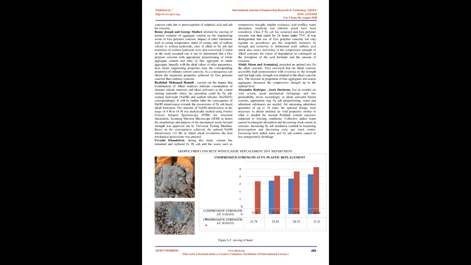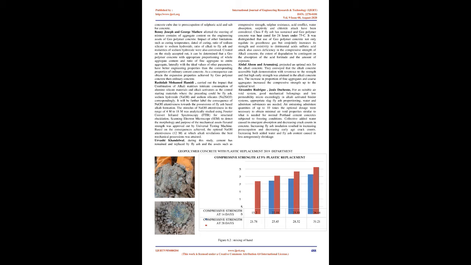The influence of NaOH concentration in the range of 4M to 18M was analytically studied using Fourier-transform infrared spectroscopy, FTIR, for structural elucidation, and scanning electron microscope, SEM, to detect the morphology and the mechanical properties. Flexural strength was carried out by universal testing machine. Based on the results achieved, the optimal NaOH concentration was 12M, at which the best mechanical properties were attained.